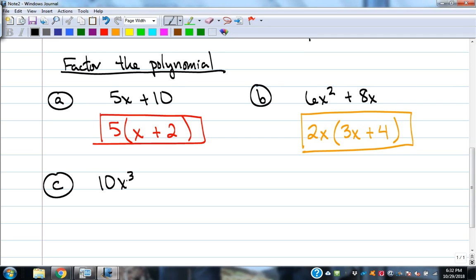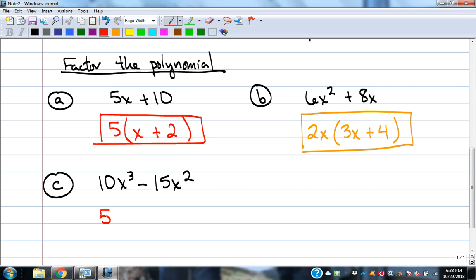10x to the third minus 15x squared. Is it in the right order? Yes. Okay, GCF. 5 goes into 10, 5 goes into 15, biggest number. How many x's do they have in common? 2.